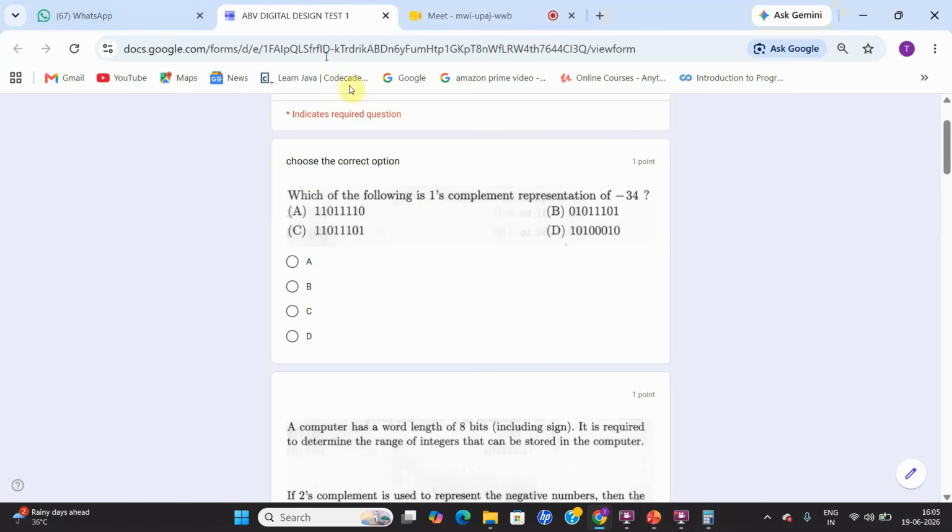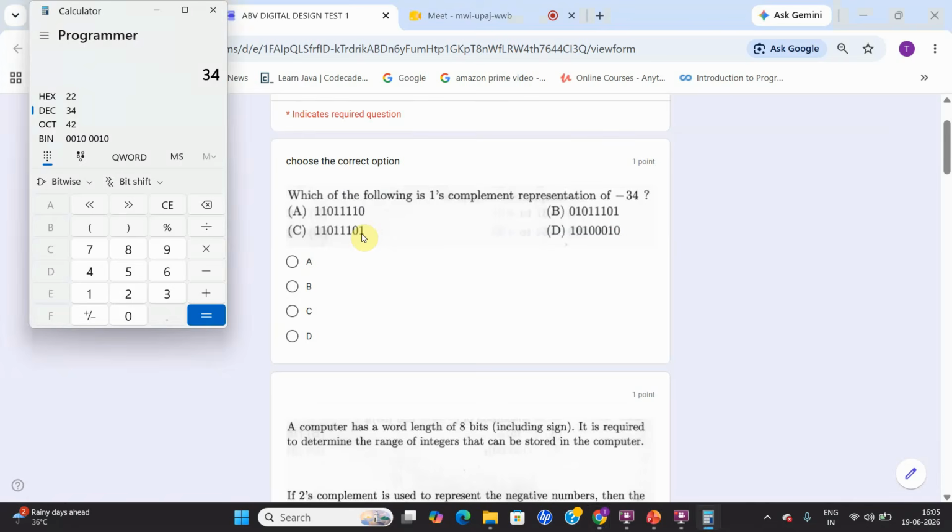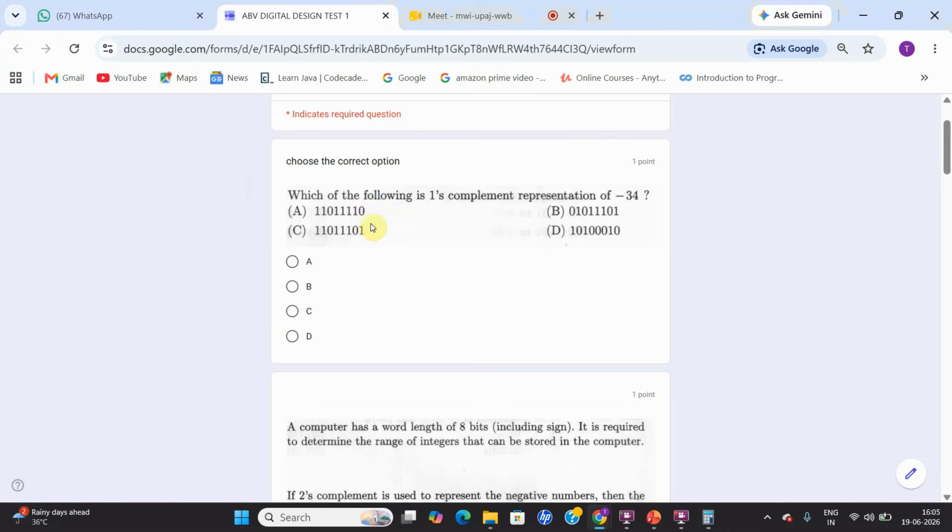And if you invert it, it is option C, 11011101. Am I right? Yeah, so it's option C. And obviously it's not option B because your MSB is 0, so it's a positive number. In one's complement representation of a negative number, your MSB is basically 1.